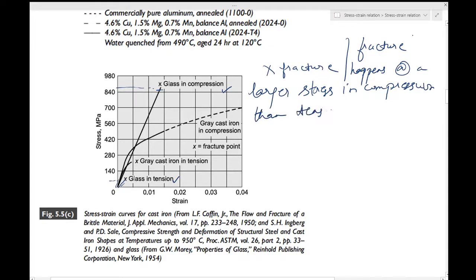So this is a usual characteristic of brittle materials, and glass is a very commonly known brittle material. Okay, so there are some specifics of glass, like glass transition and things like that, which we don't worry about at this stage, but by and large it's a brittle material, and that's what we want to know at this stage.